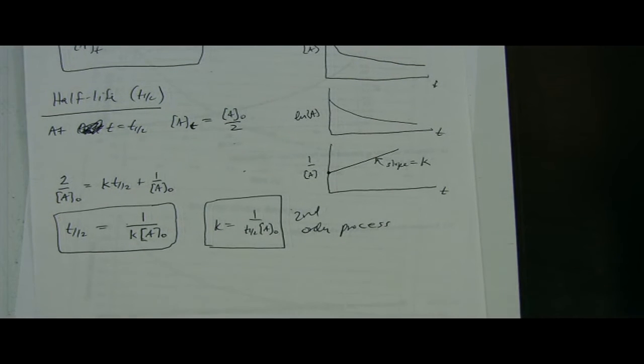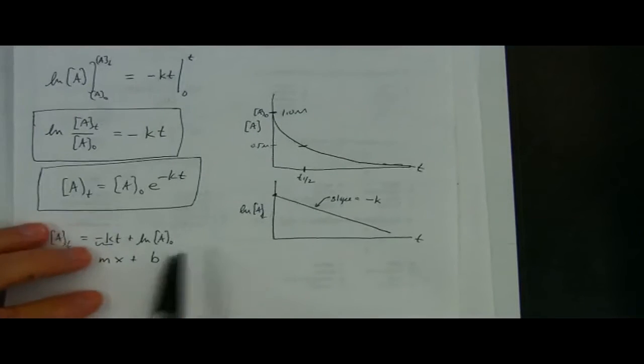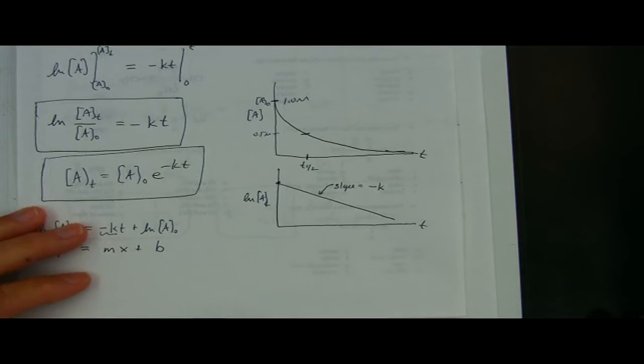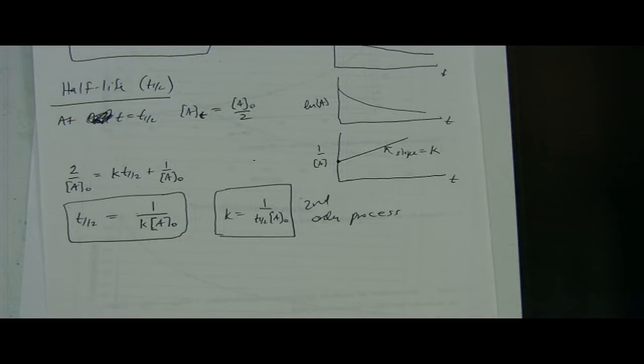If instead you make those 3 plots, and it turns out the log versus time is a straight line, what does that mean? First order. Now, if you make those 3 plots and A versus time is a straight line, you know what that means? It's 0th order.